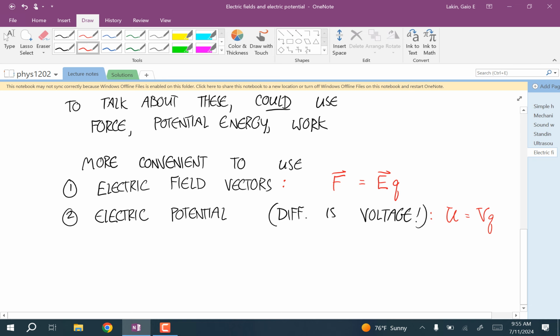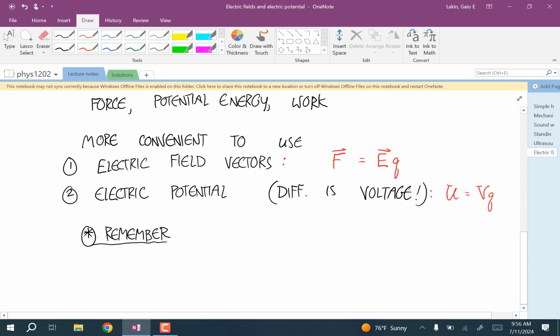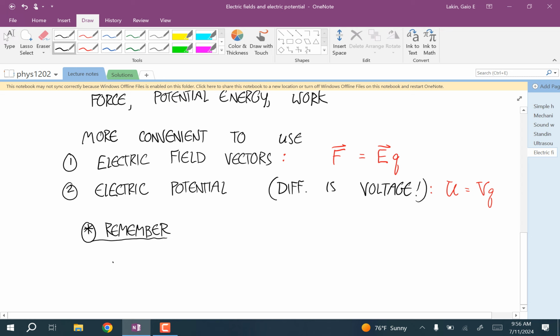One other thing to remember about electric field vectors and electric potential is, in the last class, the Physics 1 class, one of our main derivative relationships said that the force on an object is equal to the negative derivative with respect to x of the potential energy.